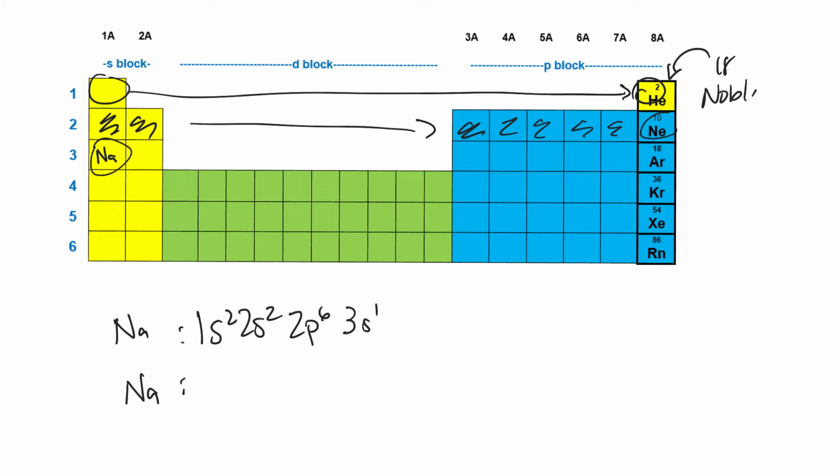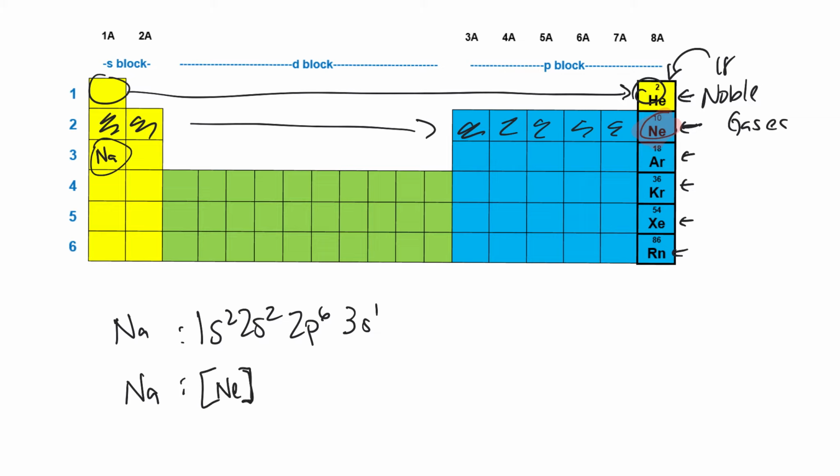Your noble gases are helium, neon, argon, krypton, xenon, radon. The one that comes right before sodium is neon. So I'm going to write neon in brackets.